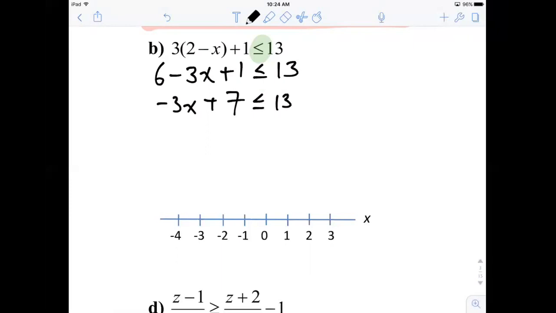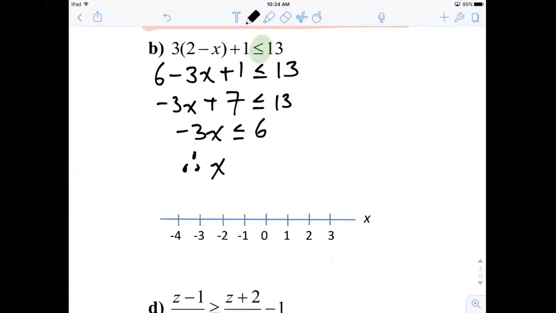I can subtract 7 from both sides, which tells me that negative 3x has to be less than or equal to 6. And now I have to be really careful, because to get x all by itself, so when I say therefore x and want to finish this off, I need to divide both sides by negative 3.